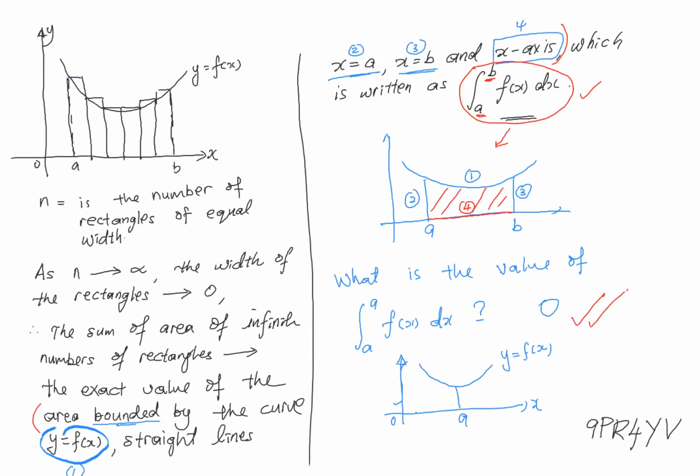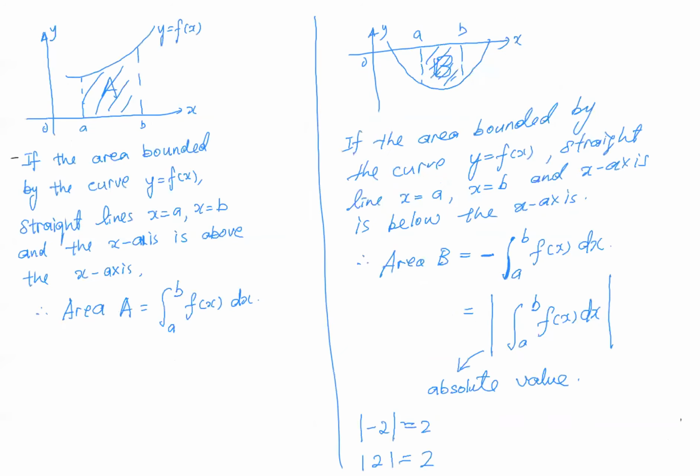You see, the upper limit and the lower limit have the same value, so it's a straight line. The definite integral is about area bounded by a curve, so area bounded by a straight line, there is no area. So the answer is 0.